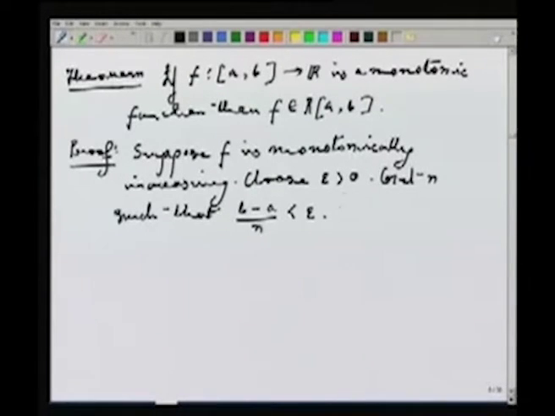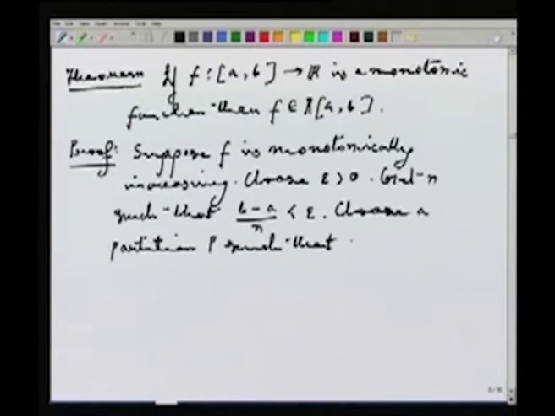Choose a partition P now such that delta xi is less than (b minus a) by n for all i. In the partition, what you do is choose points in such a fashion that the difference between two consecutive points is always less than (b minus a) by n.